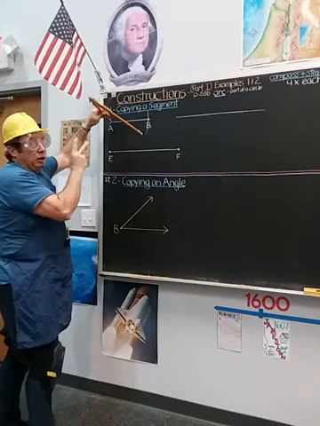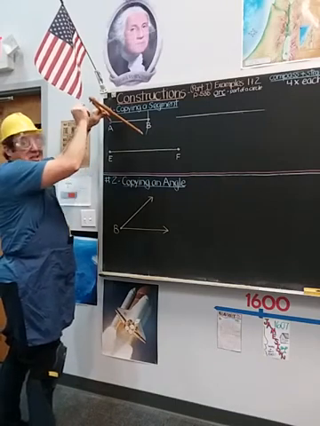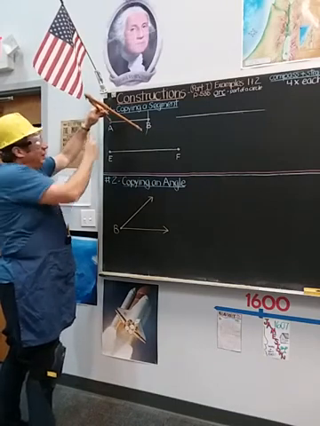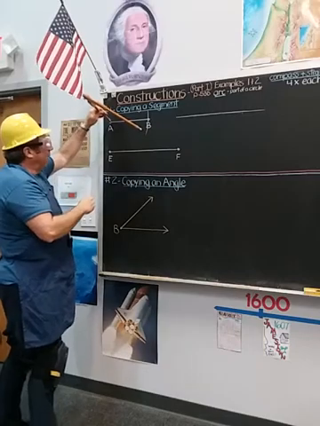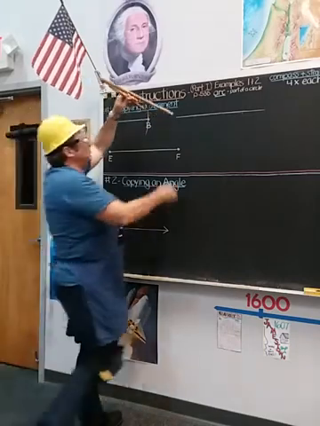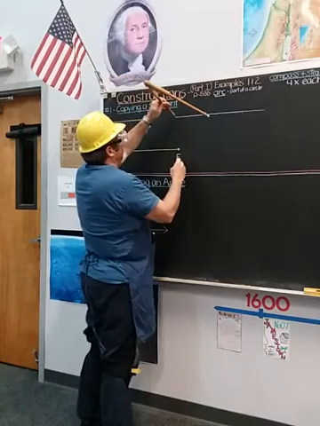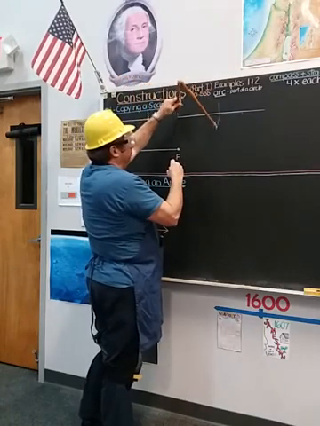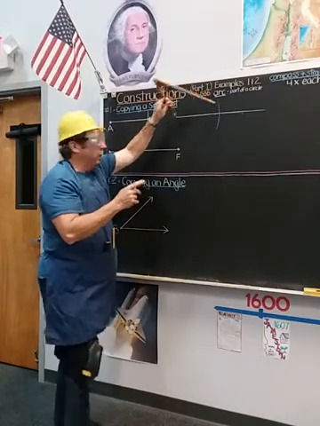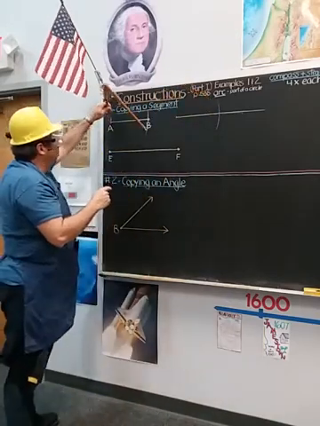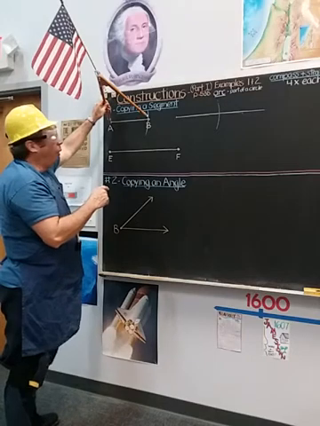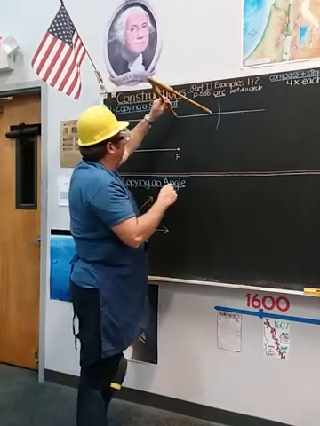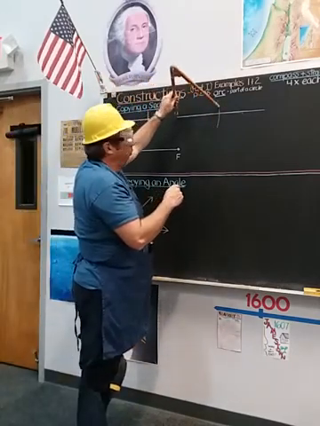Now, without opening or closing my compass, remember how we told you to tighten that so it doesn't open or close? Without touching that, I lift it and go to the beginning of this random segment I drew, and I draw an arc over here. I started here, I drew an arc through the other end point, then I came over without opening or closing, and I drew an arc through here.